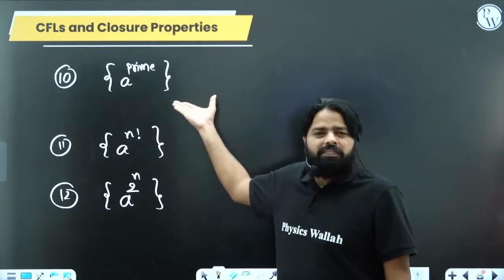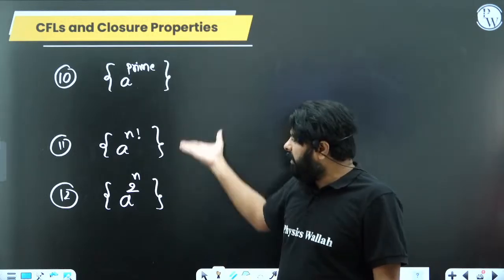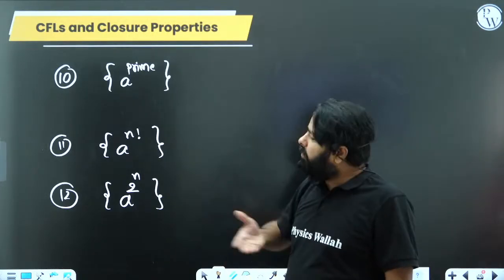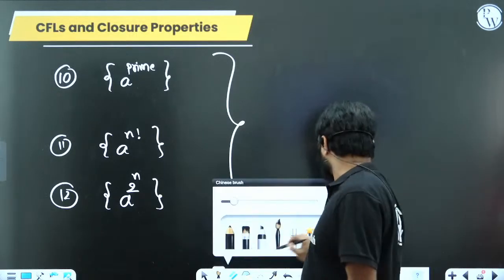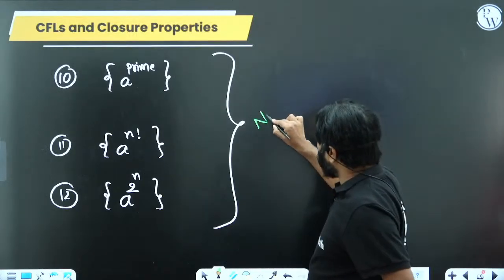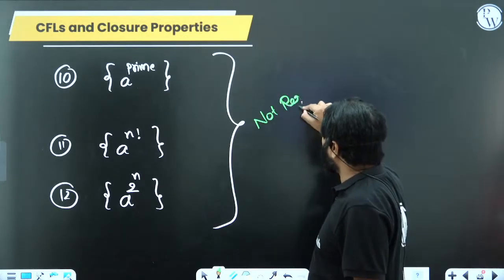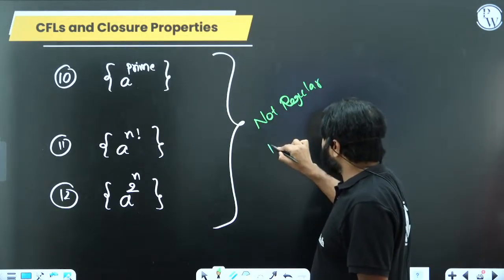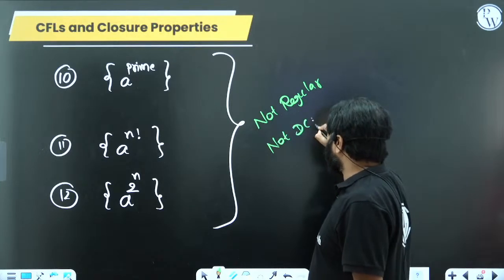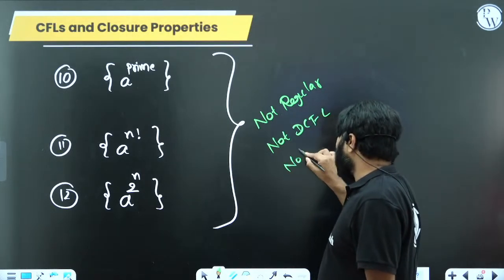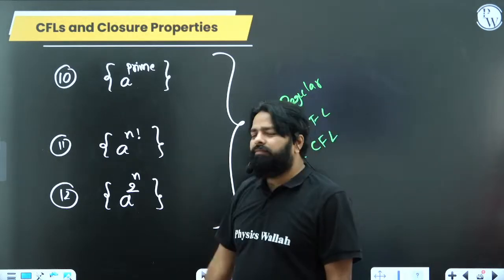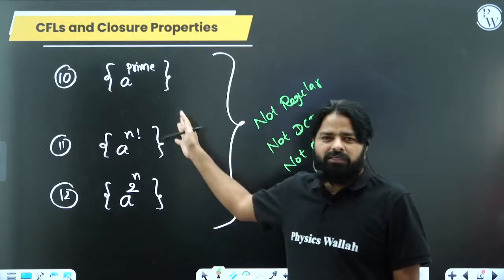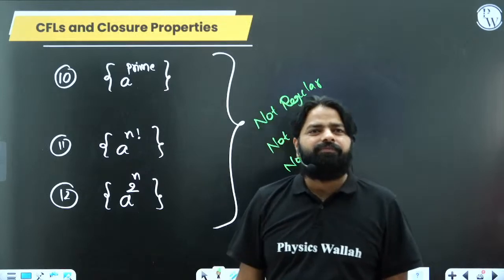You are not using the stack at all. The stack will never help you understand this kind of only one symbol concept. So we know they are not regular. Not only not regular, they are also not DCFL and not CFL. Then what are they? They are actually context sensitive languages. You need the Turing machine and linear bounded automata concepts to understand them.